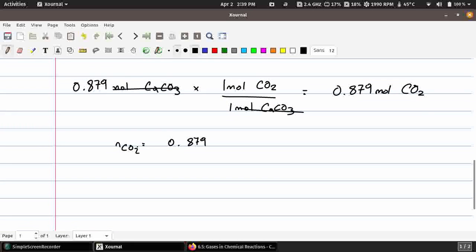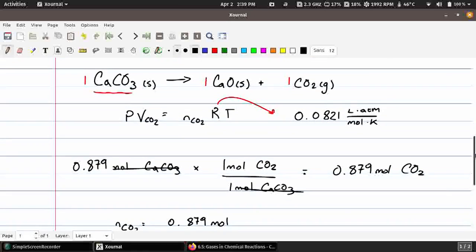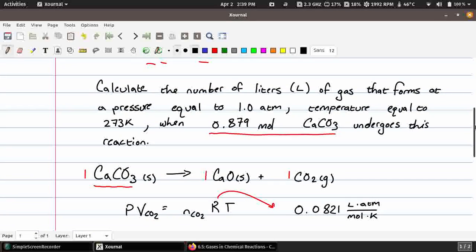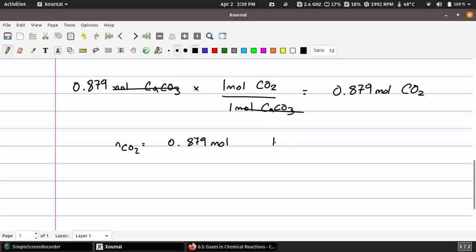So your moles of carbon dioxide are 0.879 moles. All right. And then we've been given everything else in standard temperature and pressure. So that means P of CO2 equals 1.0 atmospheres. And then we have temperature of CO2 equals 273 kelvins.